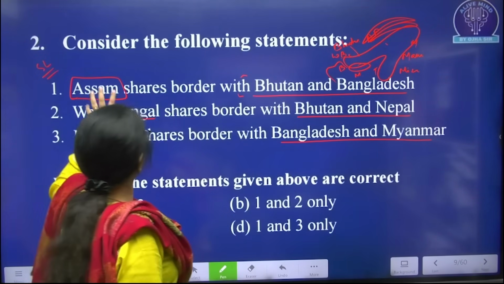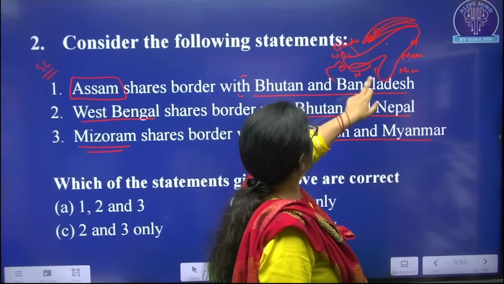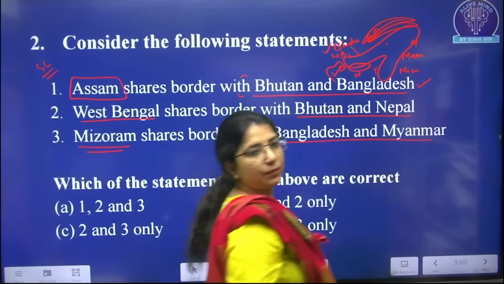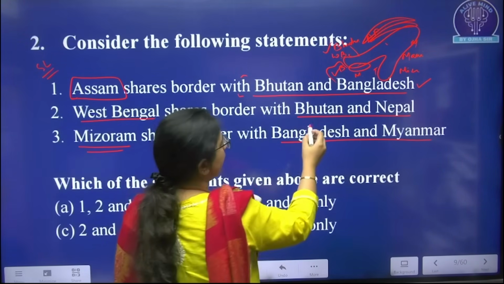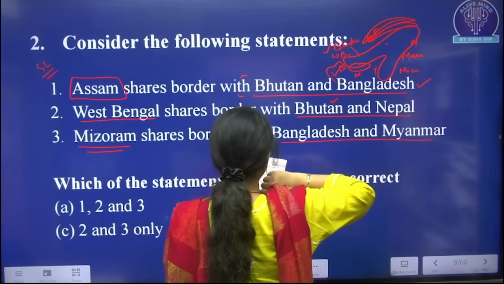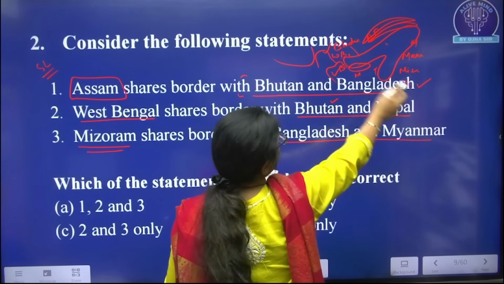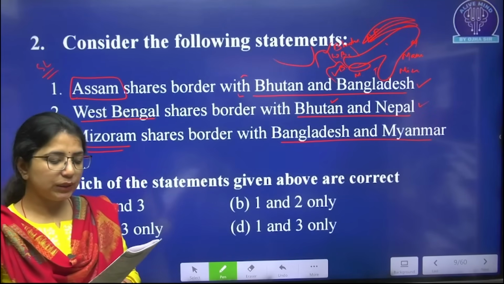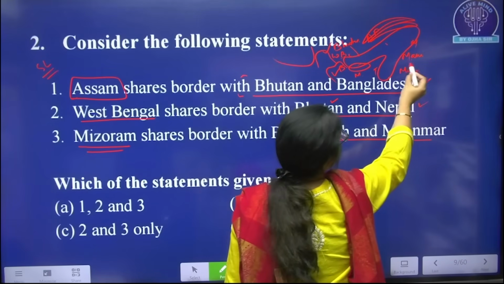See, Assam shares the border with Bhutan, yes. Bangladesh, yes. So, this statement is right. West Bengal shares border with Bhutan and Nepal. With Bhutan, yes, see, West Bengal is sharing the border with Bhutan. And with Nepal here, on this side. So, both are correct. Third, Mizoram shares border with Bangladesh and Myanmar. See, Mizoram is here.